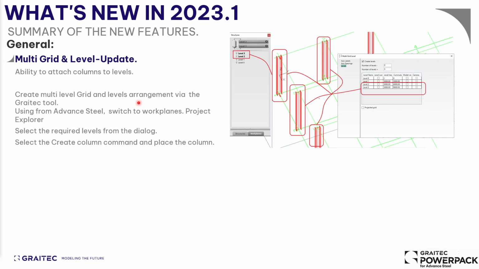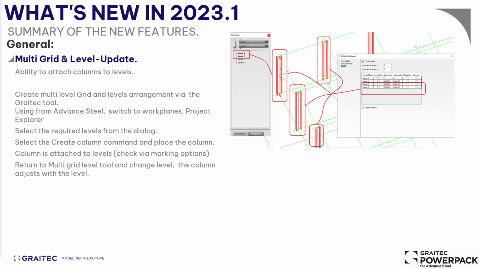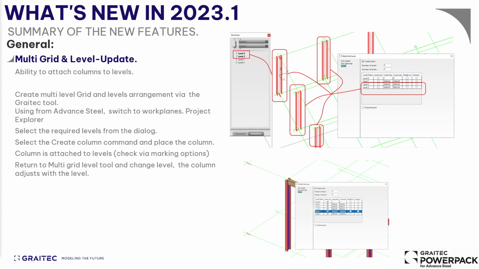And you'll find when you do that that the columns are actually spanning vertically between those chosen levels. As that occurs, you can then check that they're actually attached by using the marking elements of the Project Explorer. And then ultimately you can return to the GRAITEC multi-grid level tool via the contextual menu that we have and adjust the level within that dialog.